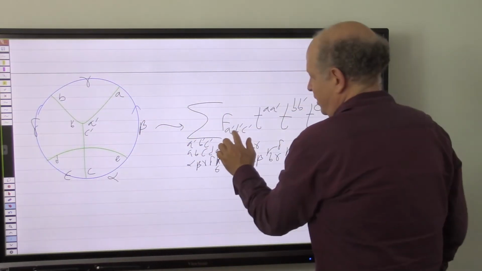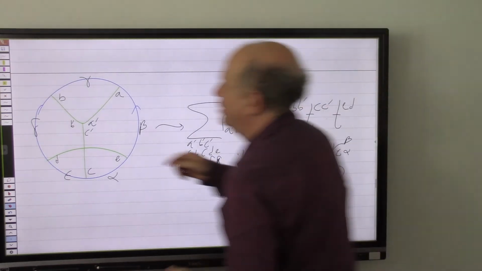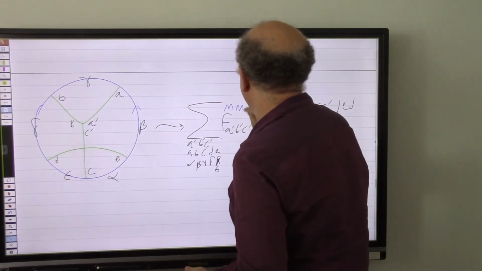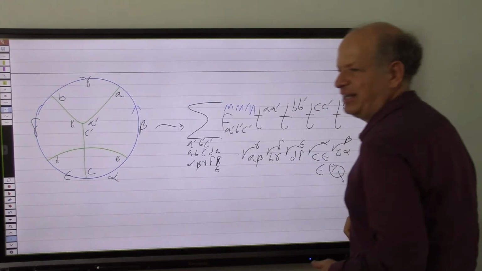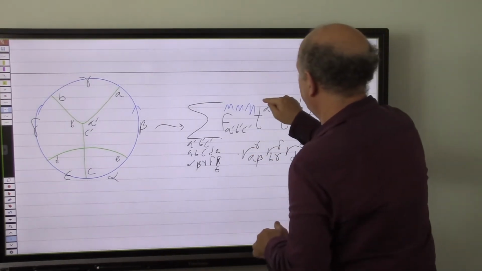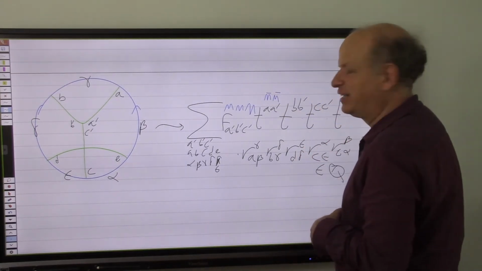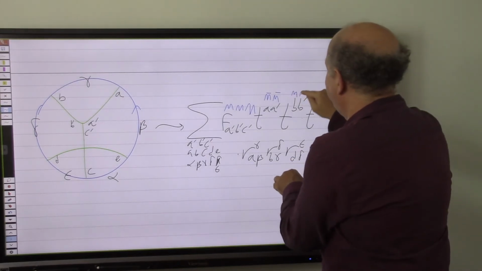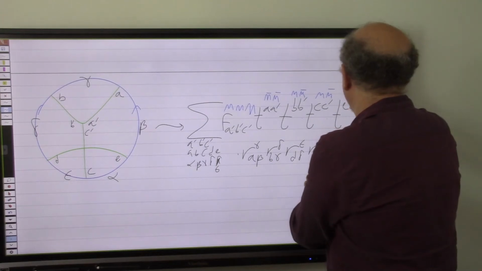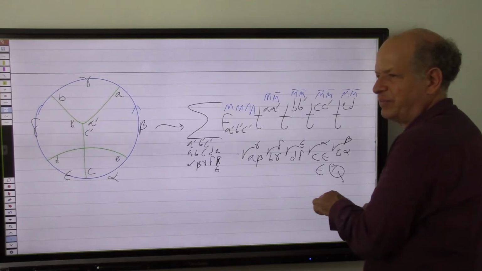So basically, if I change basis, f will get multiplied by 3 m's. The t with the upper indices will get multiplied by 2 m's, but inverses. Let's call them m bar. This t will be multiplied by m bar. This t will be multiplied by m bar. This t will be multiplied by m bar, sorry, both of them are inverses.